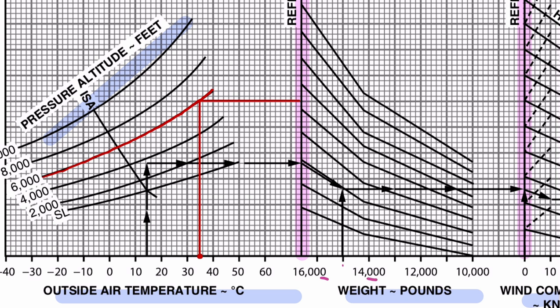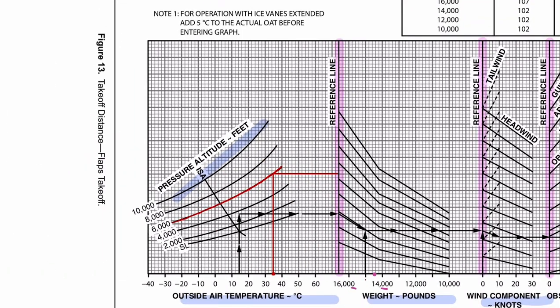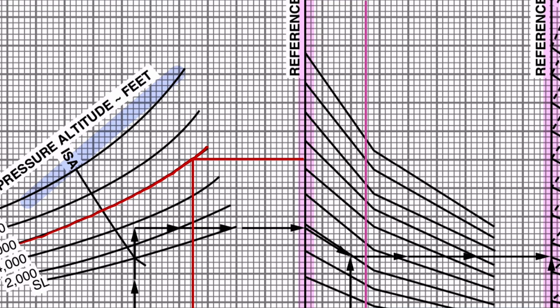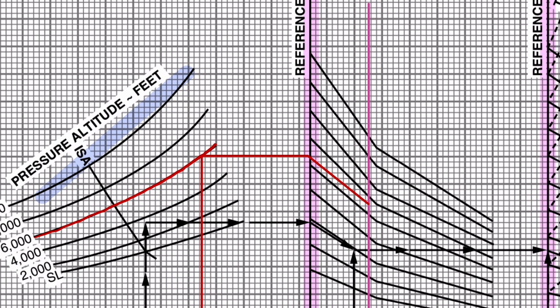So 14,500 should be right about there, I would say. And I'm going to draw a straight line directly up as my reference line. And then I'm taking my red line and dragging it down to meet this reference line that I've created, trying to follow as close as possible to the chart's angle.